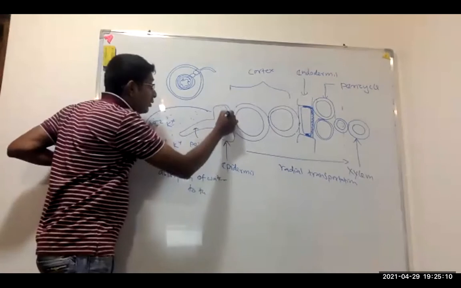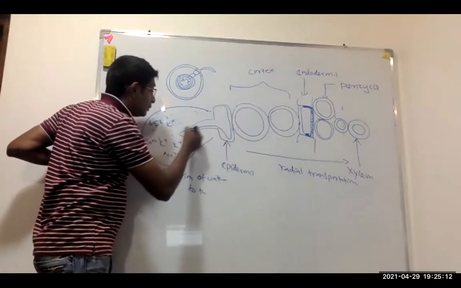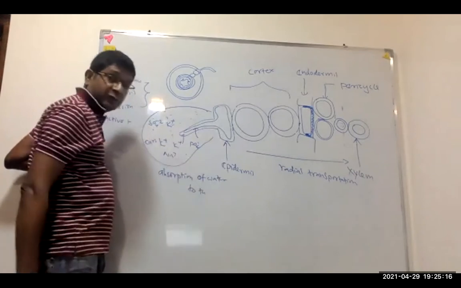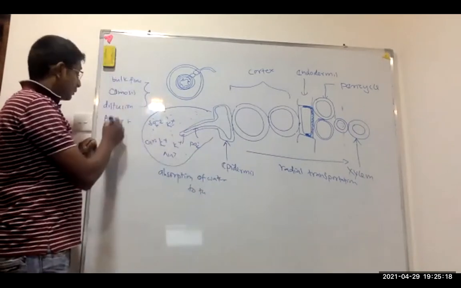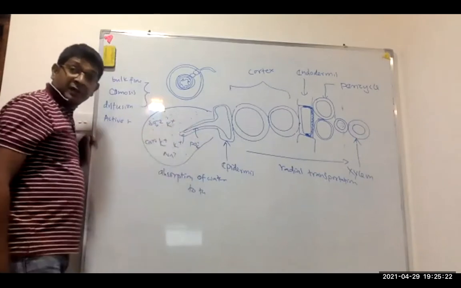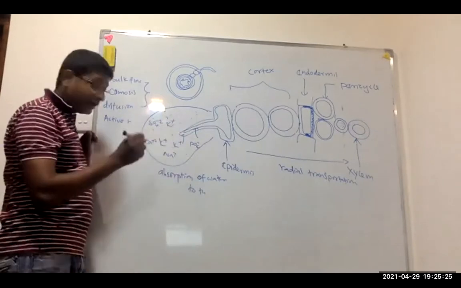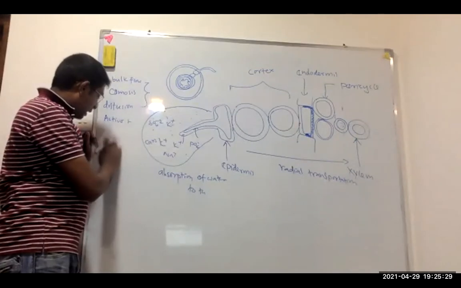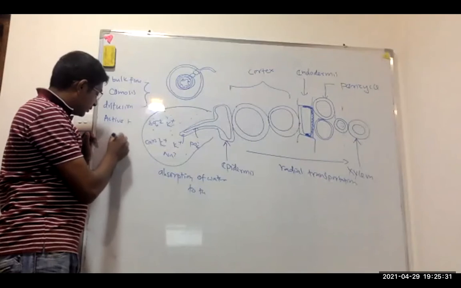Here, the cell wall is there. Now, first of all, water is absorbed to the cell wall through imbibition.